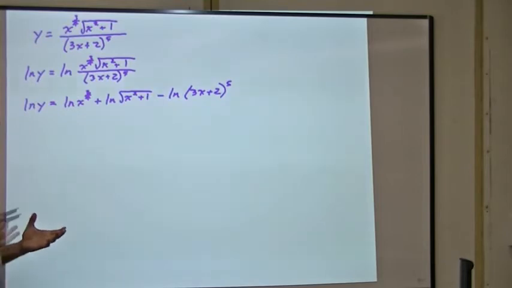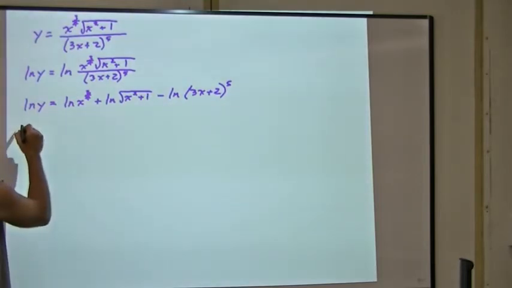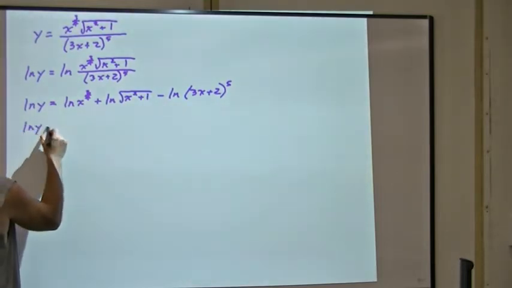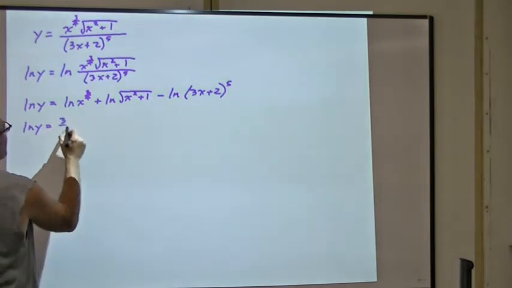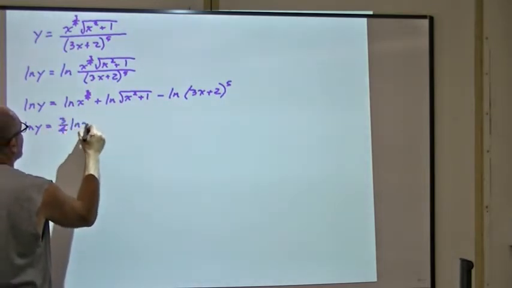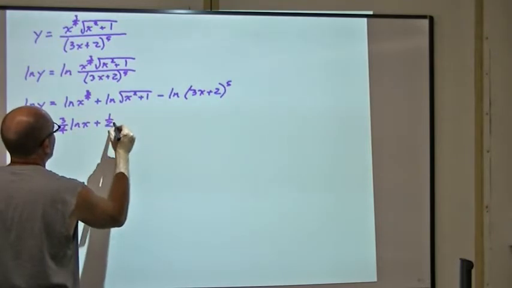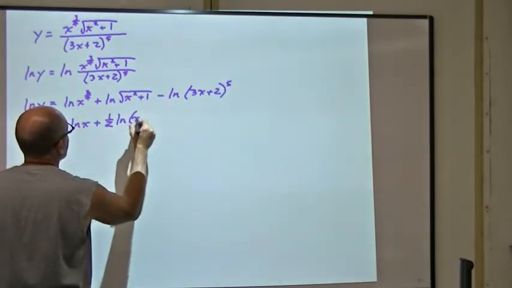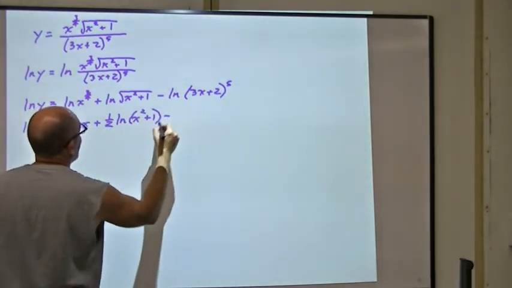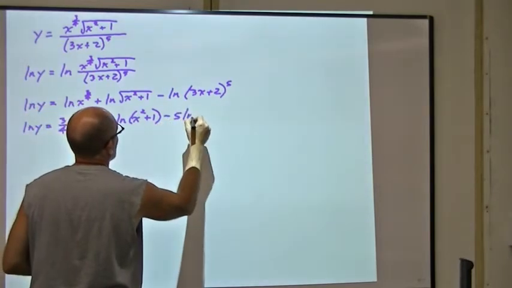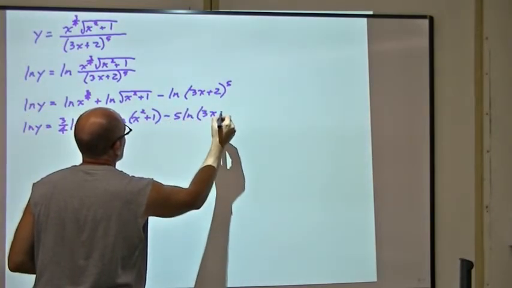All right, now let's take the exponents down in front. So natural log y equals 3/4 natural log x plus 1/2 natural log x squared plus 1 minus 5 natural log of 3x plus 2.